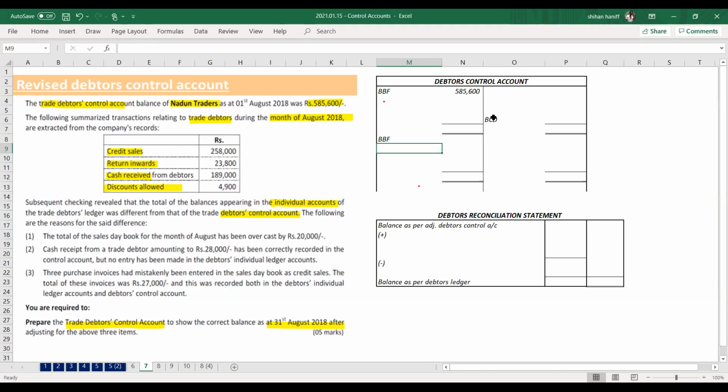What is the total or closing balance of the debtors control account?